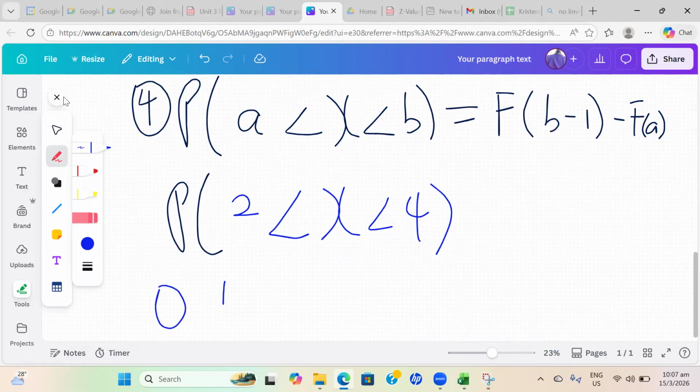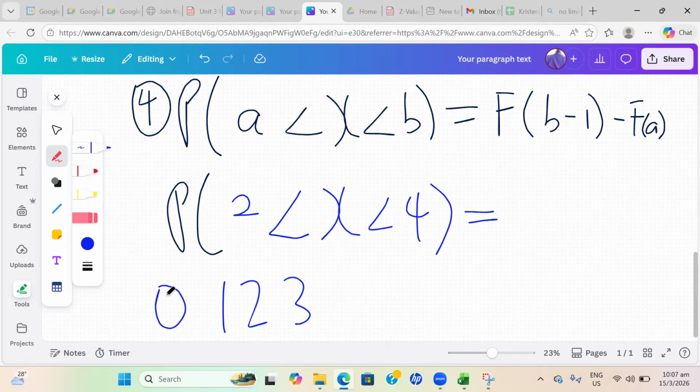So we have 0, 1, 2, and 3. So we're counting one less than this value here. In this case, we are not including 4. I want all the values of x that are greater than 2 while they are less than 4. So only one value we can get there, which is x equals 3.